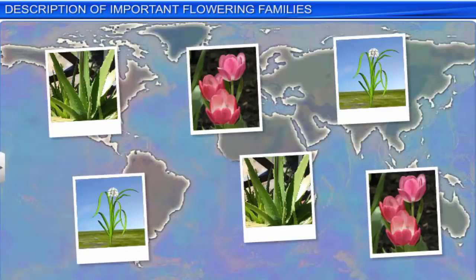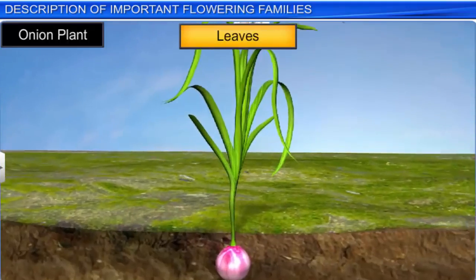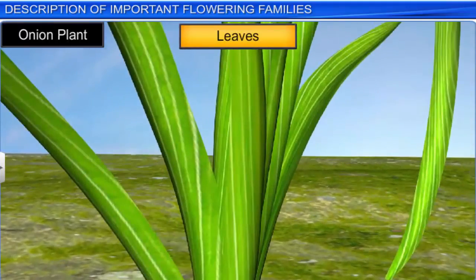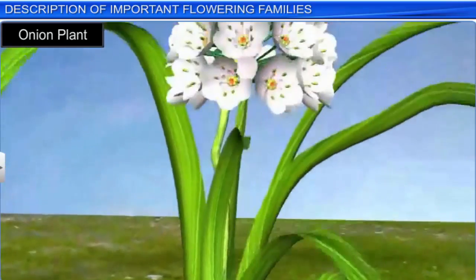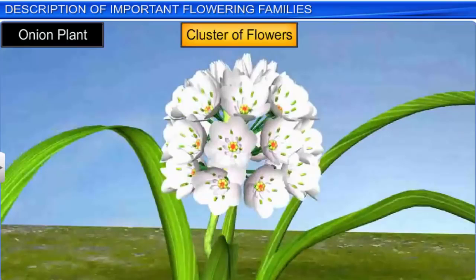The leaves of these plants are generally basal, alternate, and linear. Also, they are exstipulate with parallel venation. The inflorescence is either solitary or cymose, usually with umbellate clusters, and the flowers are bisexual and actinomorphic.